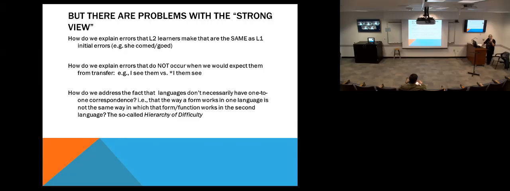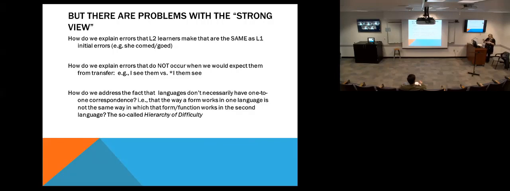Regardless of whether their first language regularizes all their verbs or not, they will make that same error. Okay. So in other words, there are errors that little L1 English kids make and big L2 English learners make that are the same error, which suggests that they are not coming from big L2 learners' native language, right?